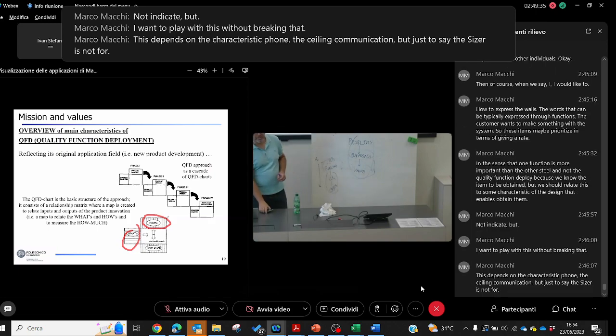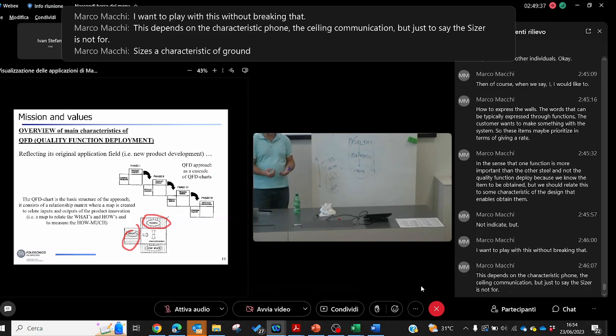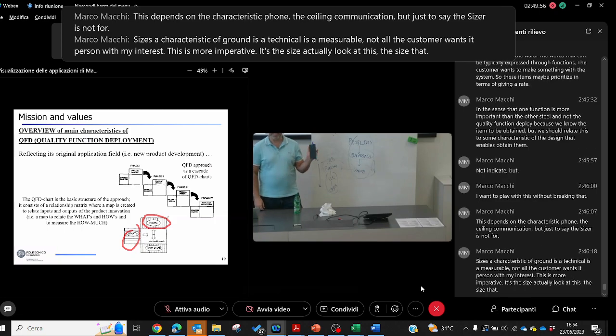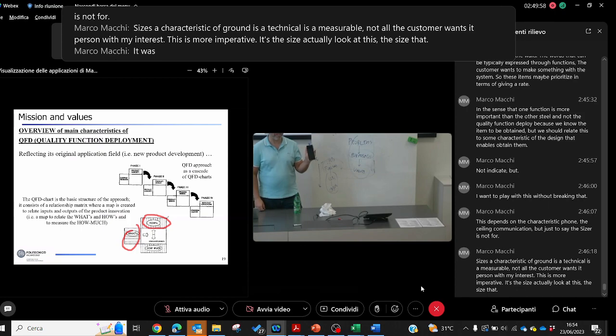Size is a characteristic of the phone. It is a technical characteristic, a measurable characteristic. It's not what the customer wants. Of course, with my age, this is a more intelligent case, as the size helps me to look at it. The size helps me to dial. If it was small, probably it would not work.